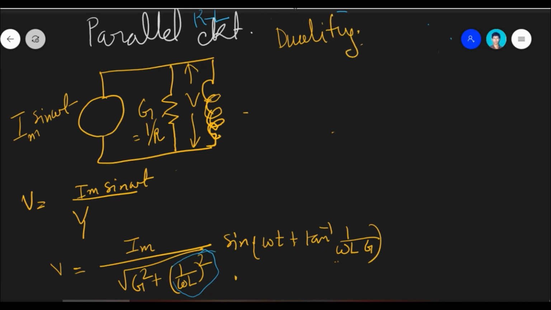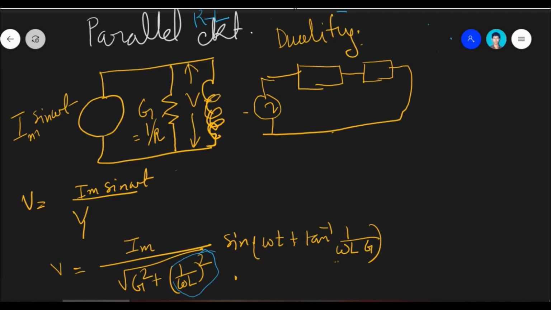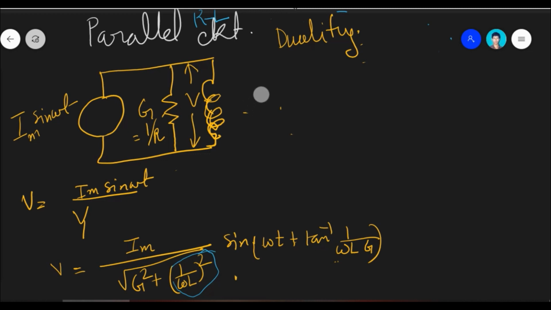Duality is like, if you have one circuit, the concept of duality is that suppose you have two circuit elements, you connect them in series, and then you observe, or okay, let us take the simplest view, the simplest thing without making it much complicated. Let us take the most simple representation.